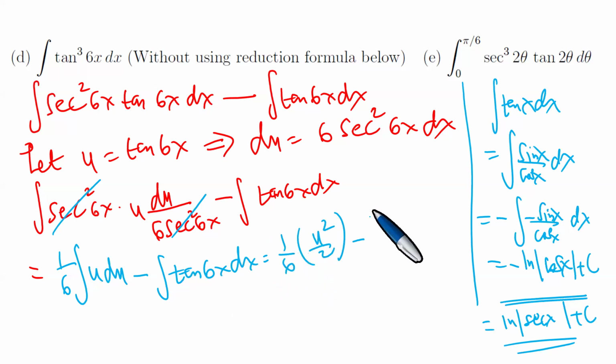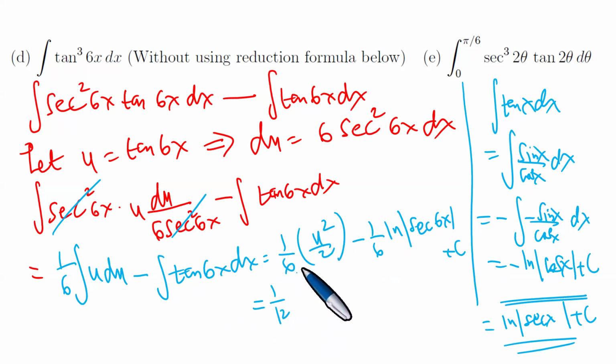That is 1 over 6 here. Because of the 6x, it becomes 1 over 6 each time you integrate. And therefore, it becomes the ln of the sec of 6x plus c.